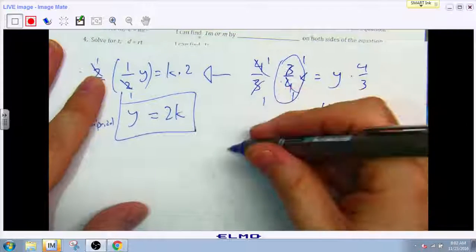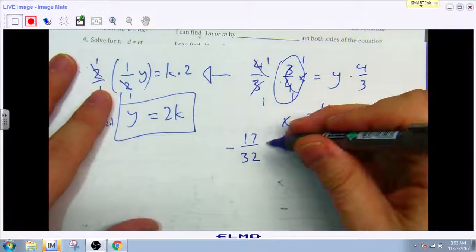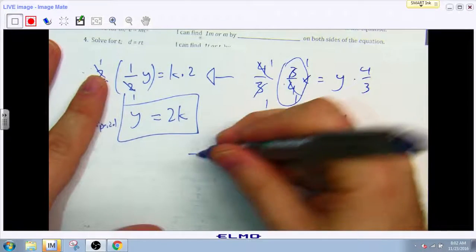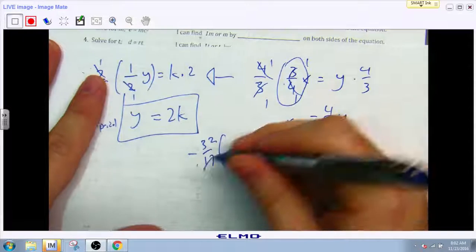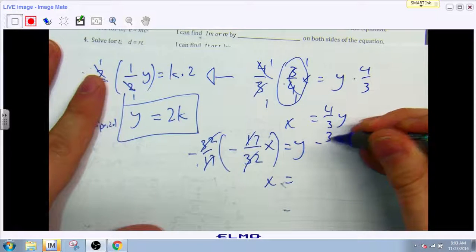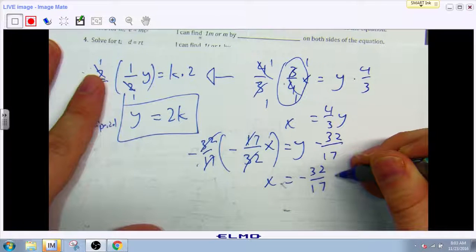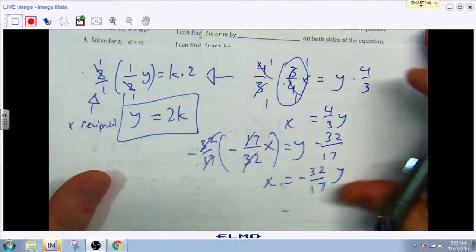If I choose like negative 17/32, or something crazy like that, all I have to do is multiply by the reciprocal, negative 32/17. 17's cancel, 32's cancel, and so x equals, oh, I've got to do it on this side too, negative 32/17 y. Ooh. Things to think about.